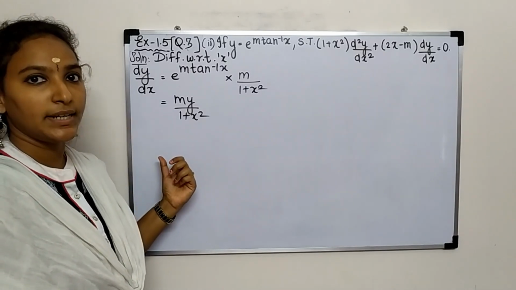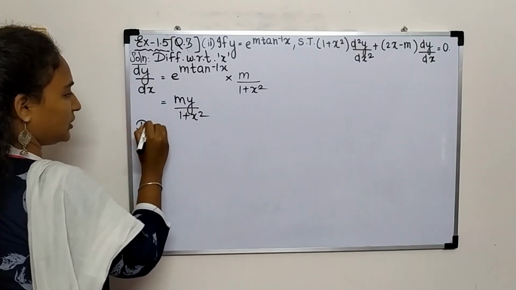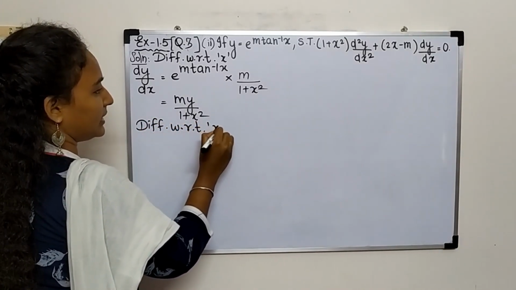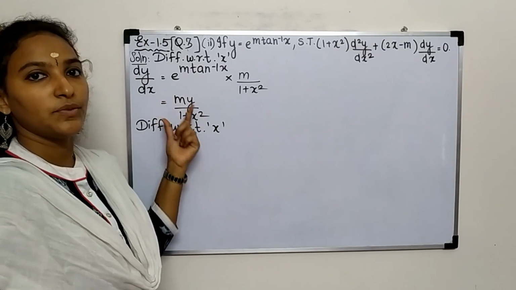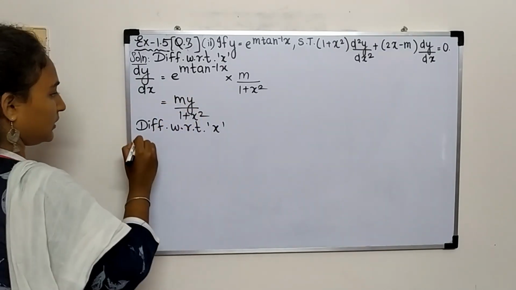Now we can differentiate this once again with respect to x. Now this is of the quotient form, so we are going to apply the u by v rule.